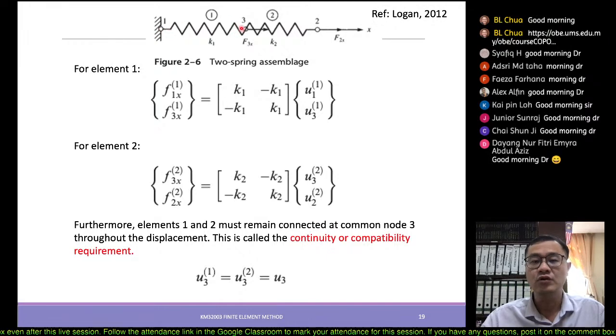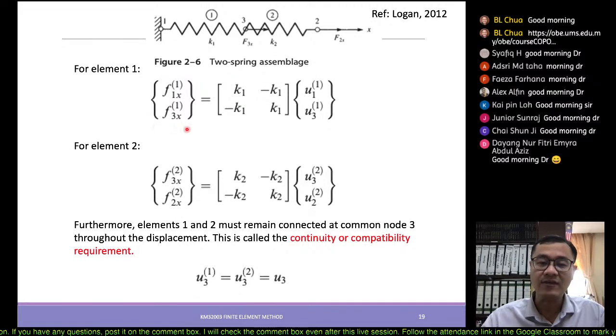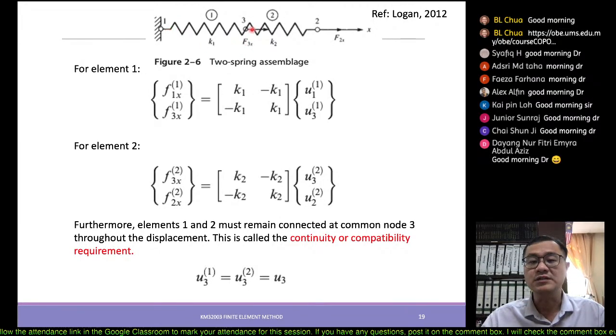From our previous derivations for a single spring stiffness relationship, we know that F equals kx, where the displacement here refers to the displacement at node number one as well as the displacement at node number three, displacement 1, displacement 3. And then this is the stiffness matrix for a single spring.